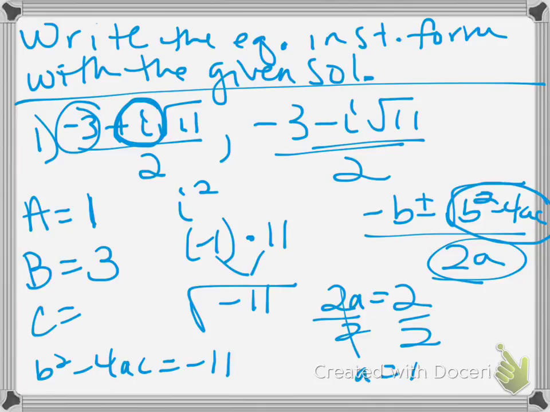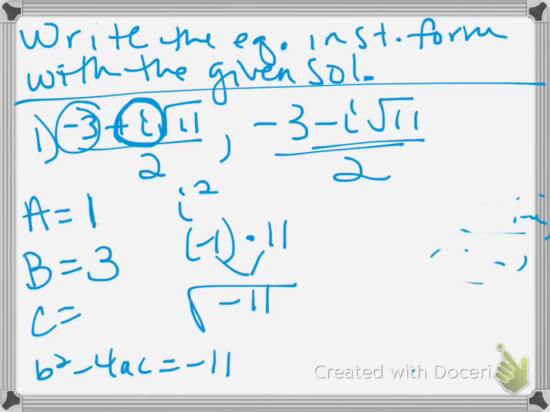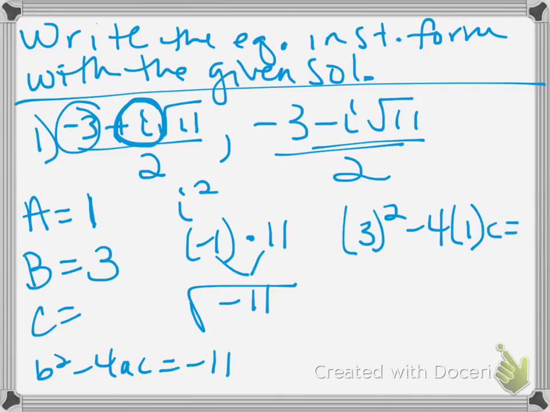Okay, and so then what I'm going to do, I know B is 3 and I know A is 1. So let me just erase this stuff here so that I can utilize this space and not have to flip to a new page. Okay, so I know B is 3, I know A is 1, and really I just need to figure out what C is.